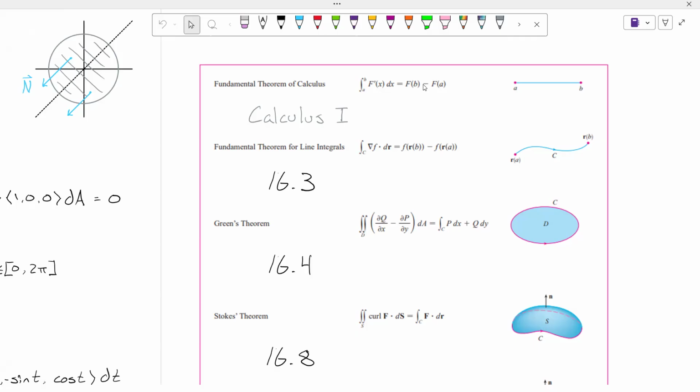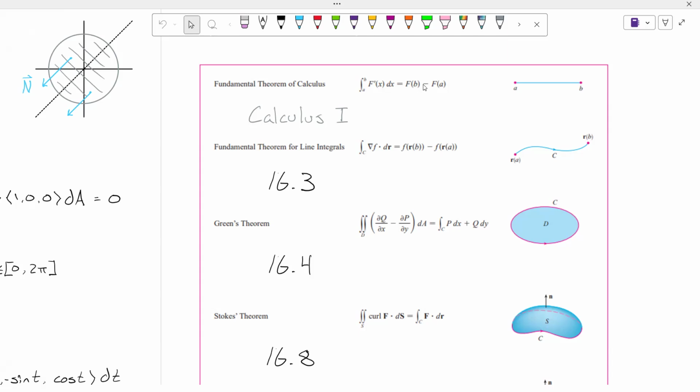Because when we step this up to integrating over a region, where we have a double integral over a region, the line integral that it goes down to is over the boundary of the region. So in all versions of the fundamental theorem of calculus, we equate some integral to an evaluation at its boundary. And that's exactly what Green's and Stokes' theorems are going to try to do.